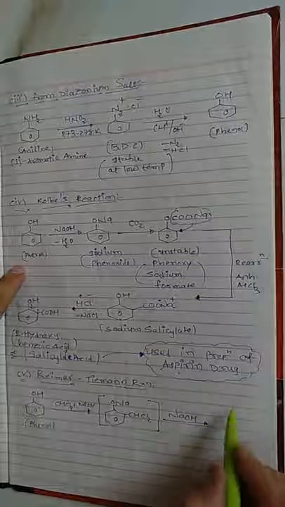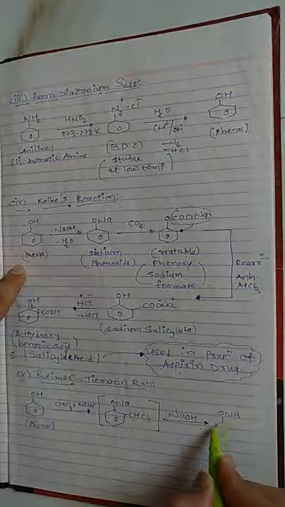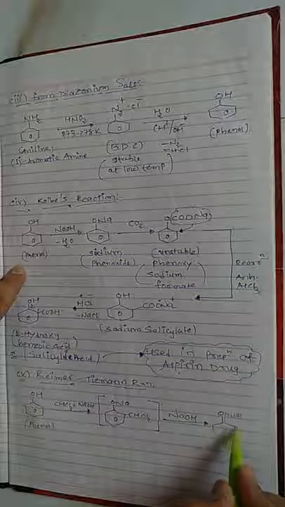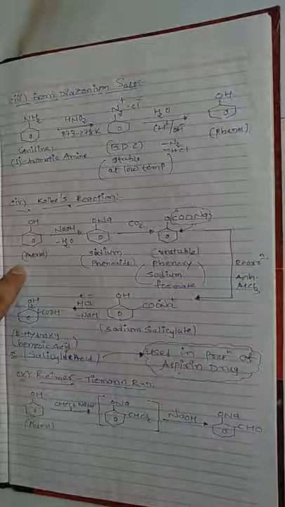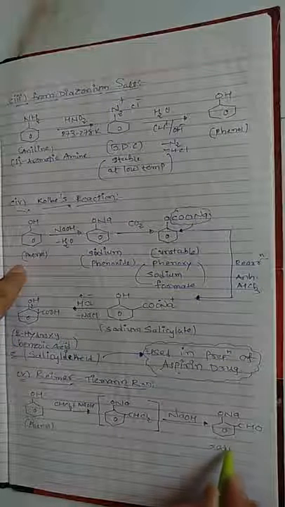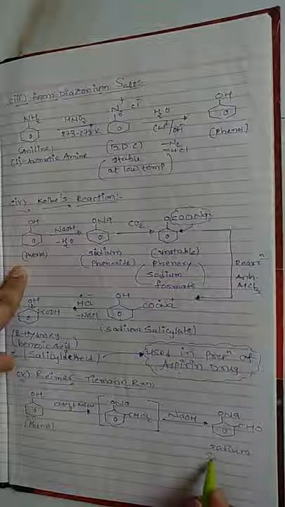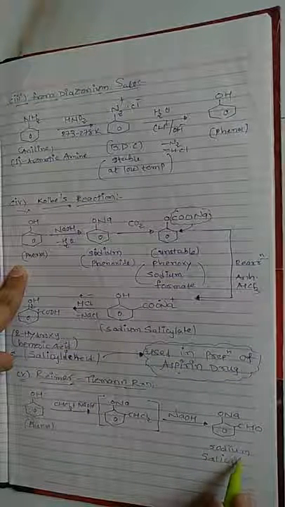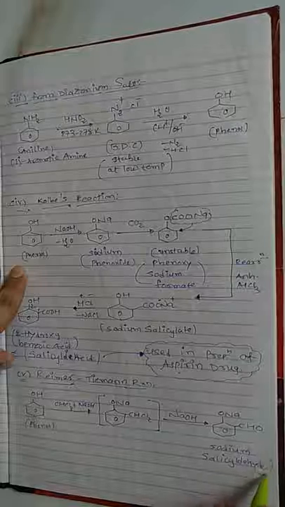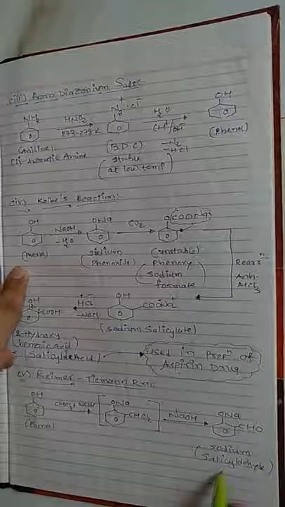So we get ONa, CHO. This is called sodium salicylaldehyde. So in the earlier case we got an acid over here, here we get an aldehyde.